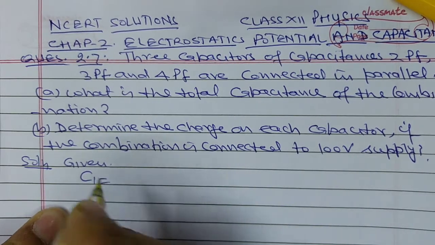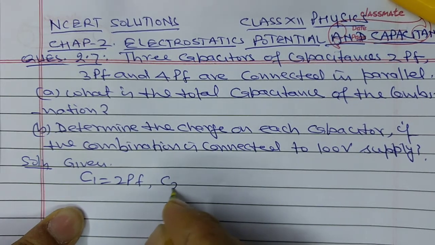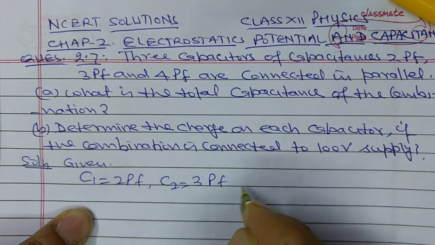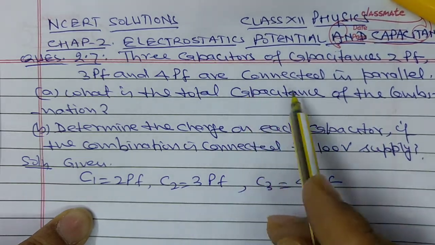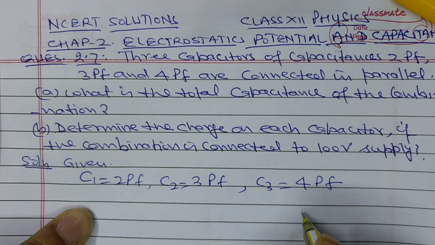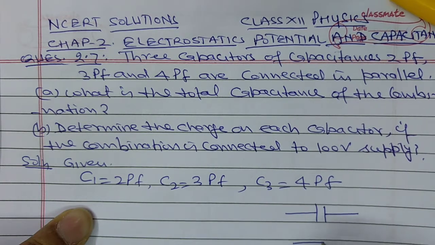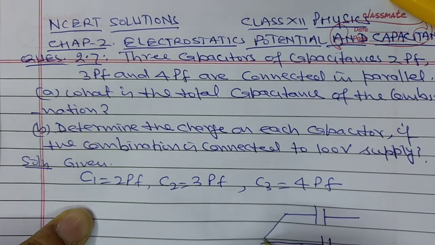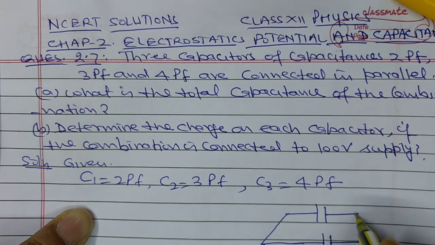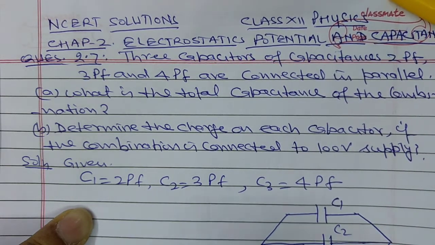C1 is equal to 2 picofarad, the first capacitor; the second capacitor is 3 picofarad, and the third capacitor is of 4 picofarad, and all these are connected in parallel. ये सभी कैपेसिटर्स हमारे पैरेलल में ज्वाइन हैं. ये सर्किट डायग्राम, all 3 capacitors are joined in parallel. इस तरह से तीनों कैपेसिटर्स हमारे पैरेलल में ज्वाइन. This here C1, C2 and C3.